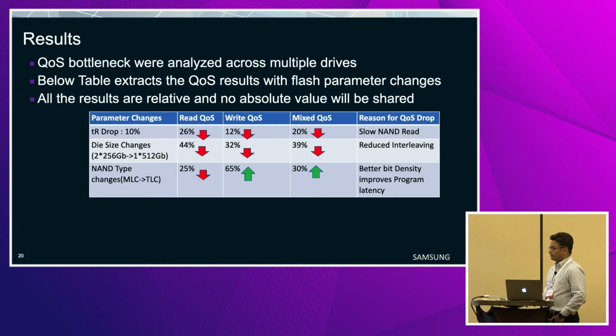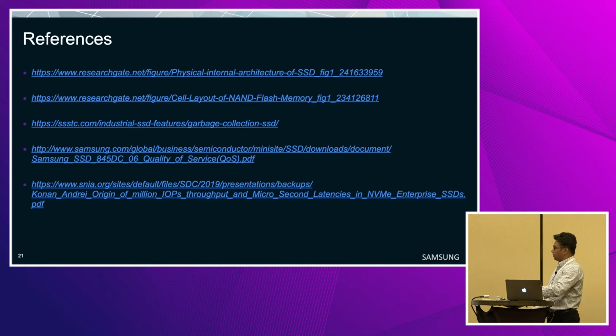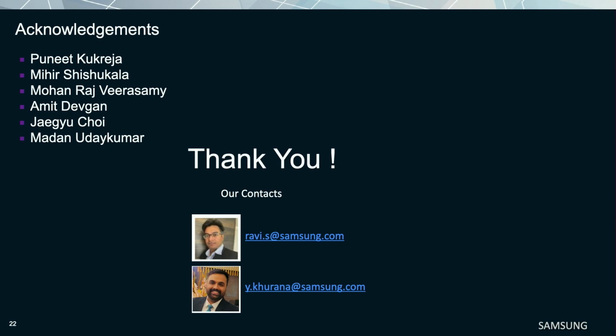So if you are writing the data at the higher bit density, the write QoS is improving, but the read QoS is a problem in this case. And these results are all relative, so the absolute values we can't publish here. These are the references. Thank you.